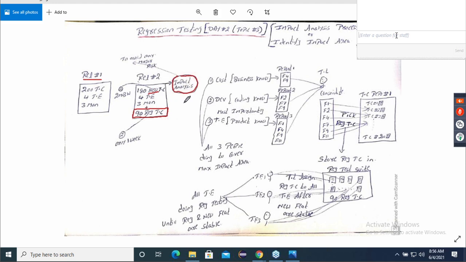Simple, straightforward: someone identified the impact area. Who is that? I'll teach you. When I say login may get affected, take the login test case. Inbox may get affected, take the inbox test case. Sent item may get affected, take the sent item test case. Like this, we picked these 90 test cases based on impact analysis.